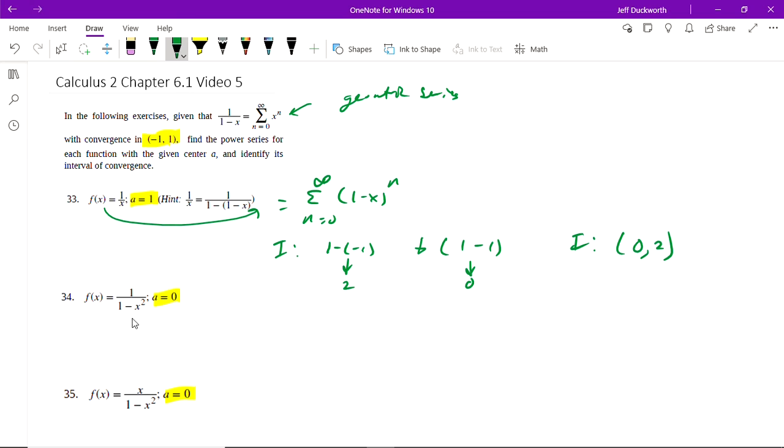All right, so we've got this 1 over 1 minus x squared, and this guy here, again, simply is equal to this sum. It's going to be (x squared) to the n, because what we have there is x squared. So this is equal to x to the 2n. And we can use the interval of convergence or the ratio test to find that convergence level. So do we use the ratio test?